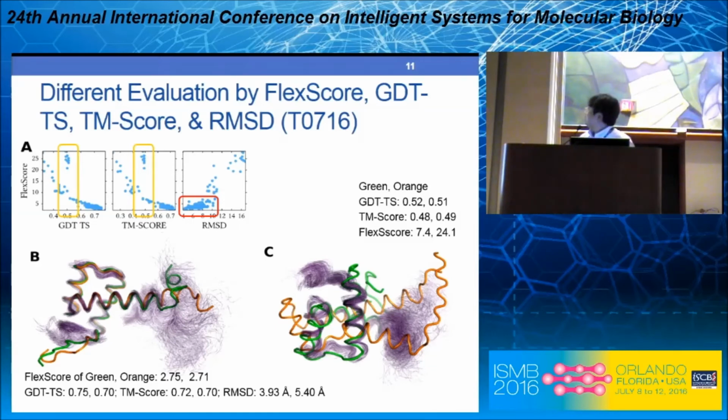That's why the GDTS score is similar, 0.52 and 0.51. But FlexScore does not like this long, strange tail or loop region, which is far away from the ensemble. That's why FlexScore prefers the green one over the orange one.